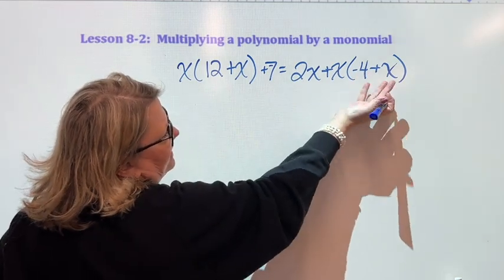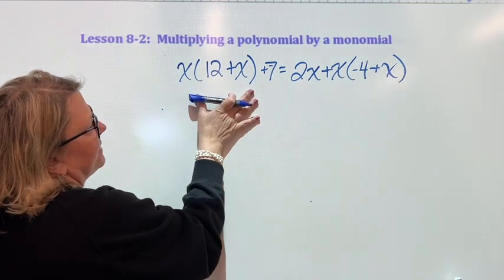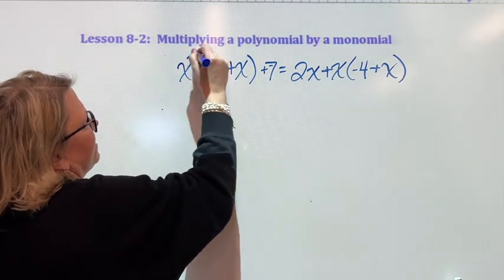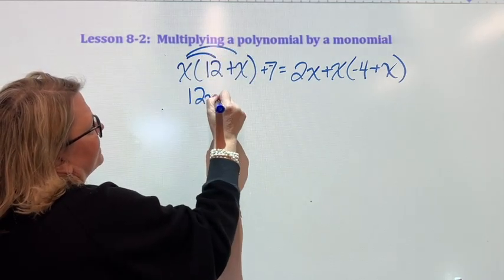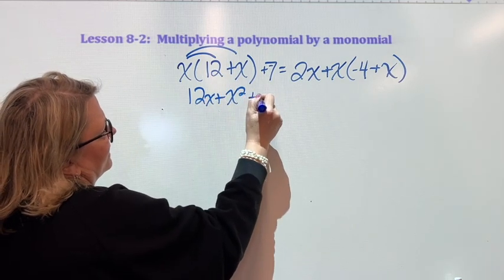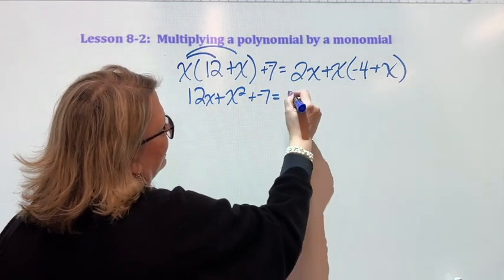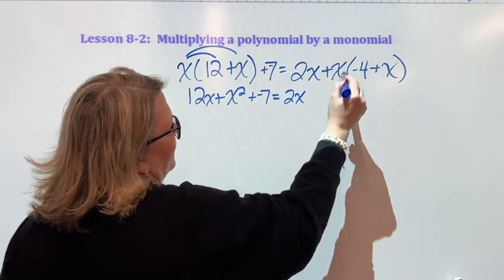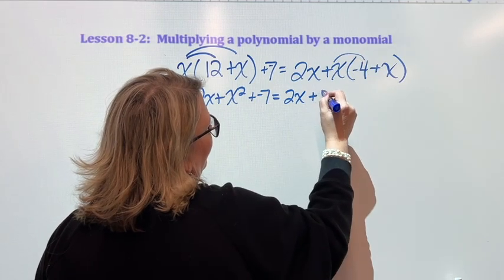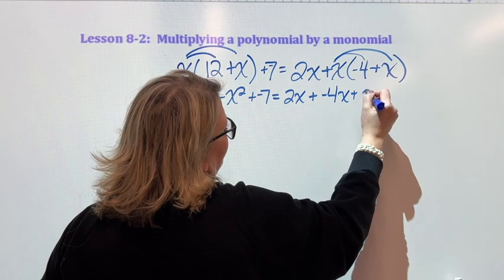This I'm going to leave because it is -4. So when I start back at this side of the equation, I'm going to do distributive property here. So I got 12x plus x squared, right? And then here on the end plus -7. That's all I can do here. And then over here, I'm going to leave that 2x alone, and I'm going to come over here and do the distributive property. So this will end up being -4x plus x squared.